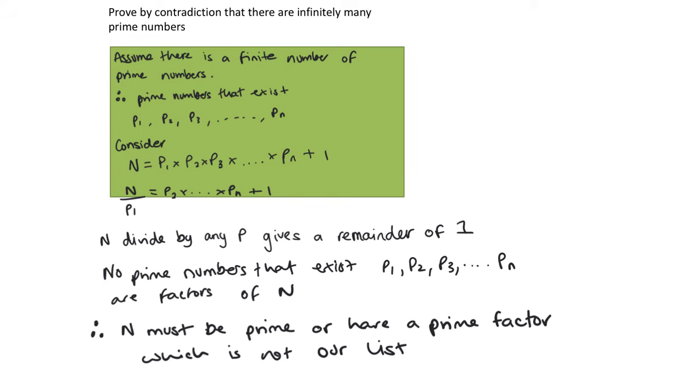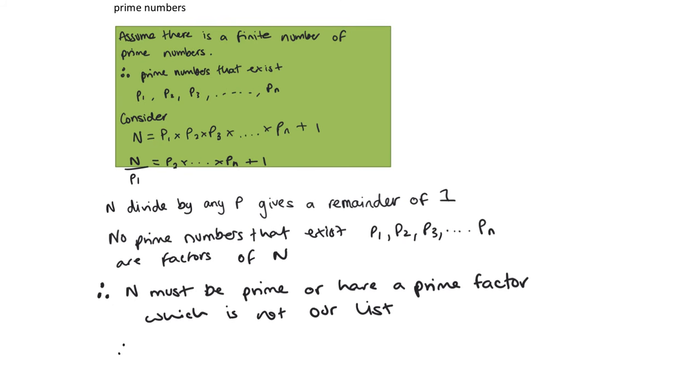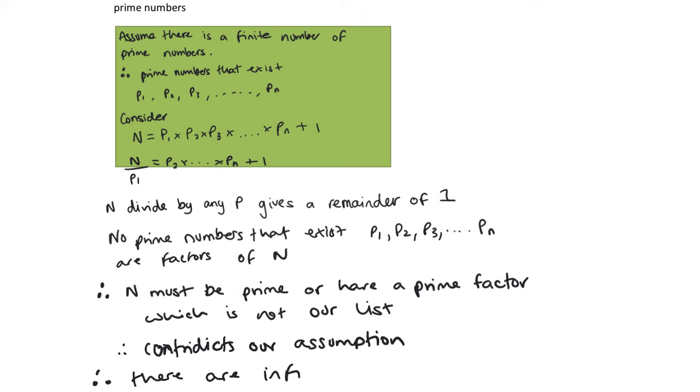We said that in our list there exists a finite amount, and we already have done the finite amount. So what is it? Therefore, it contradicts our assumption. Therefore, there are infinitely many prime numbers.